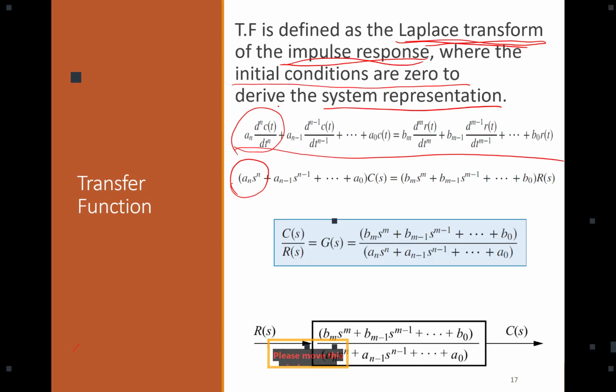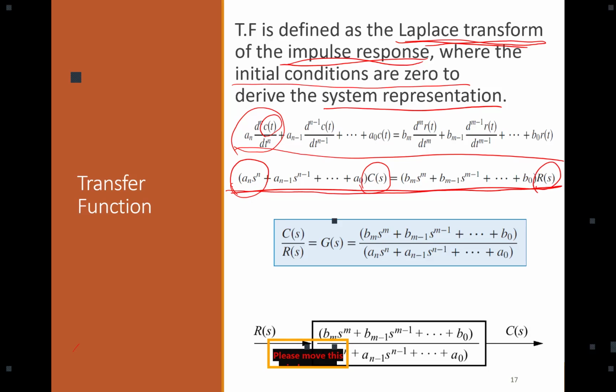Here, when I derive the Laplace transform of that differential equation, I already factor out C(s), the Laplace of c(t). So I just factorize the C and R. The rest is the same Laplace transform of that differential equation.